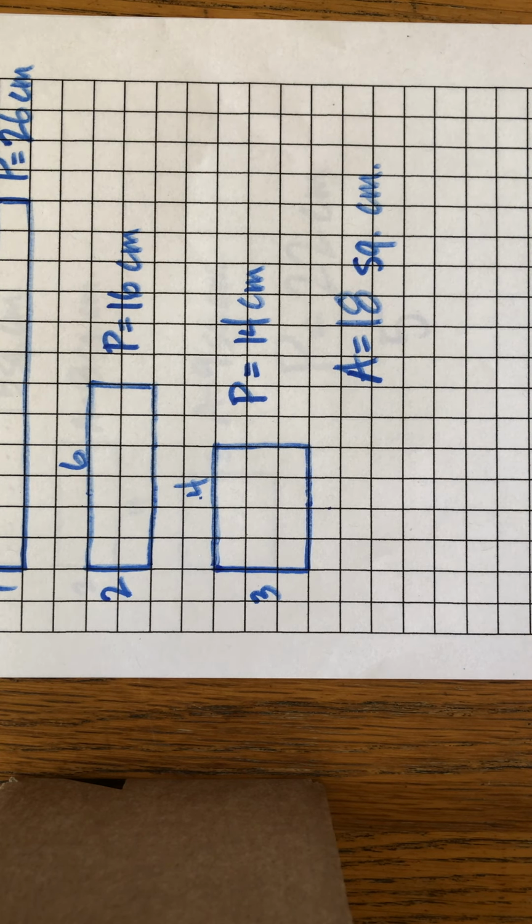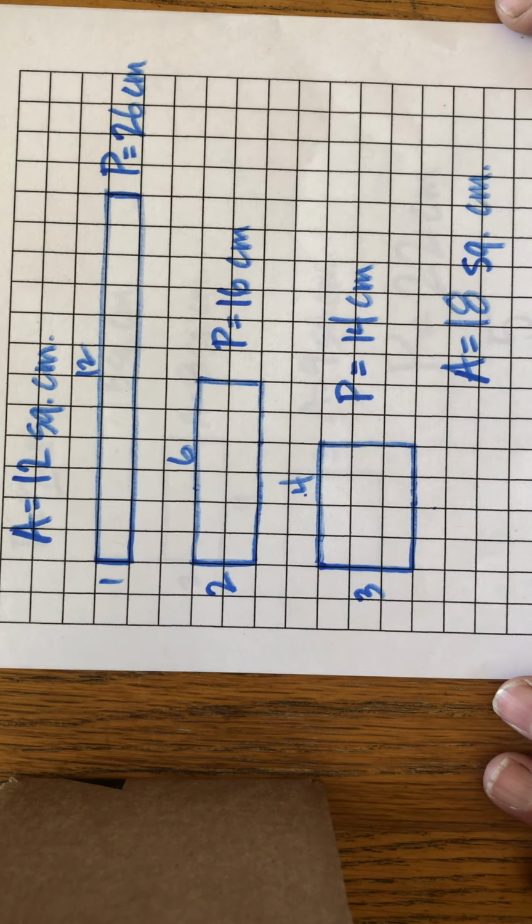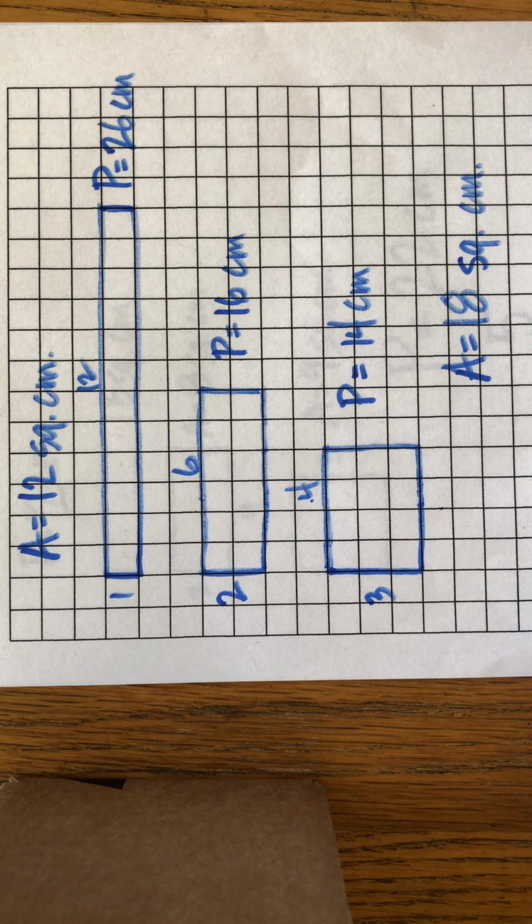I played it a little bit. It's fun. It's interesting. So when you're done with everything else, you can do that. If you are unable to print anything, go ahead and go to that website and do that game. You can play with a family member, or you can play against the computer. But it will give you a chance to explore the relationships between area and perimeter.